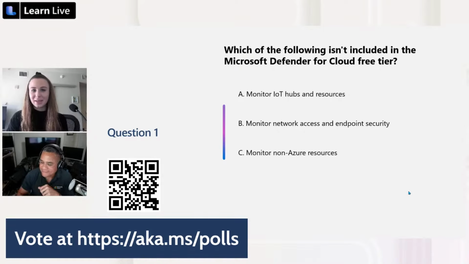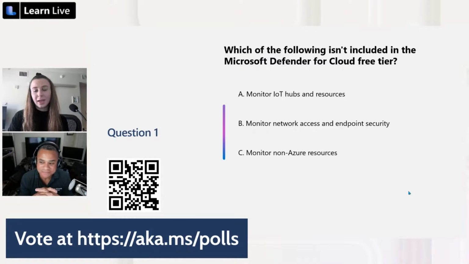What do you think it is, Sterling? What are you going with? You want to take the approach of deducing this. Let's just start from the top. Why certain examples won't work? Let's just pick B, for example. Monitor network access and endpoint security. Can I get that with the foundation protection or subscription by default?